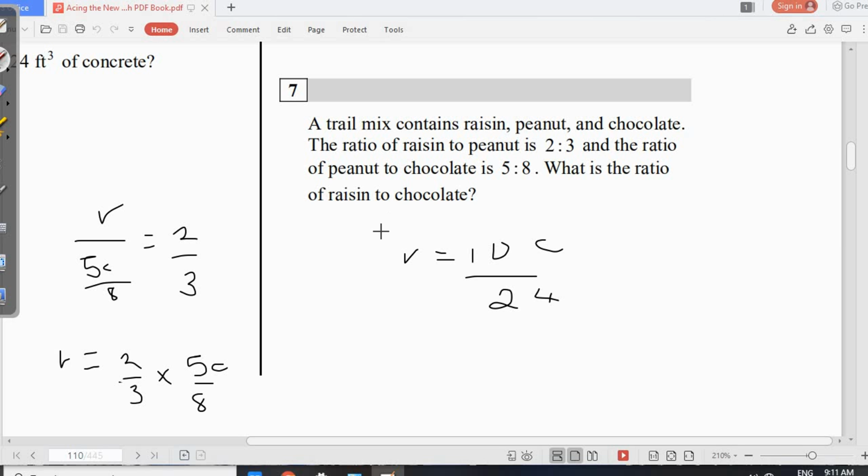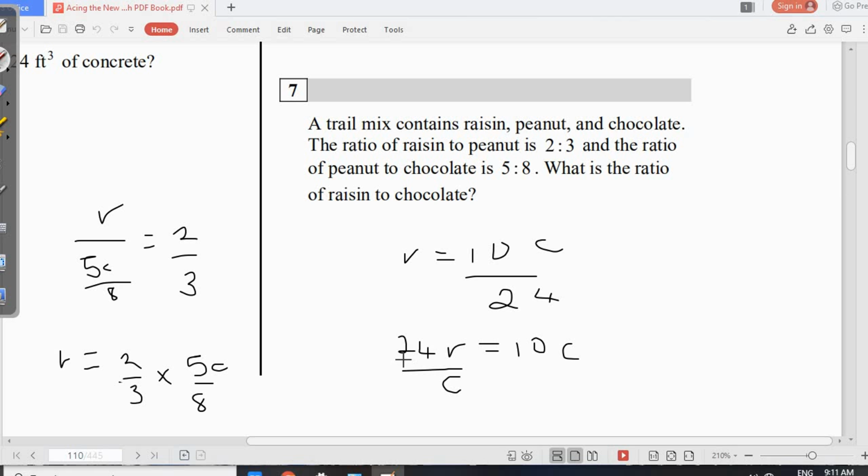Let's find a way to move c to the other side. So we have 24r equal to 10c. So what we can easily do here, since we wanted to know the ratio of raisin to chocolate, is divide everything by c, and then divide everything by 24.